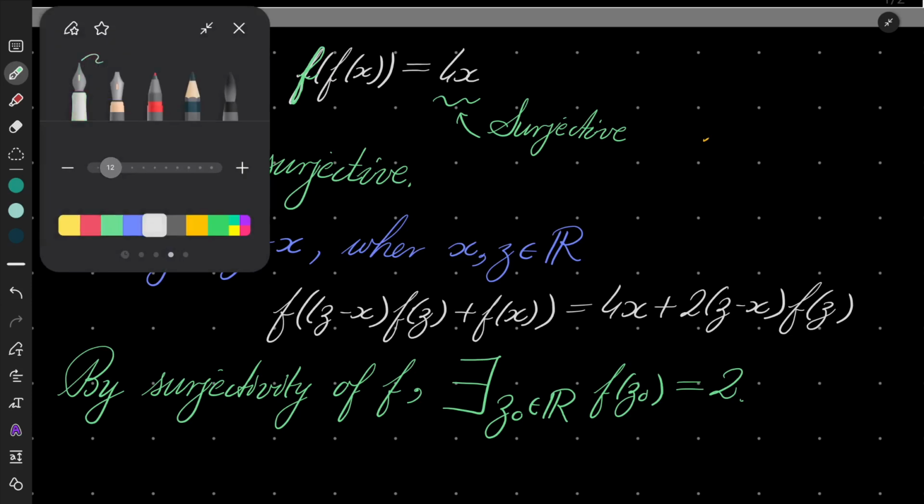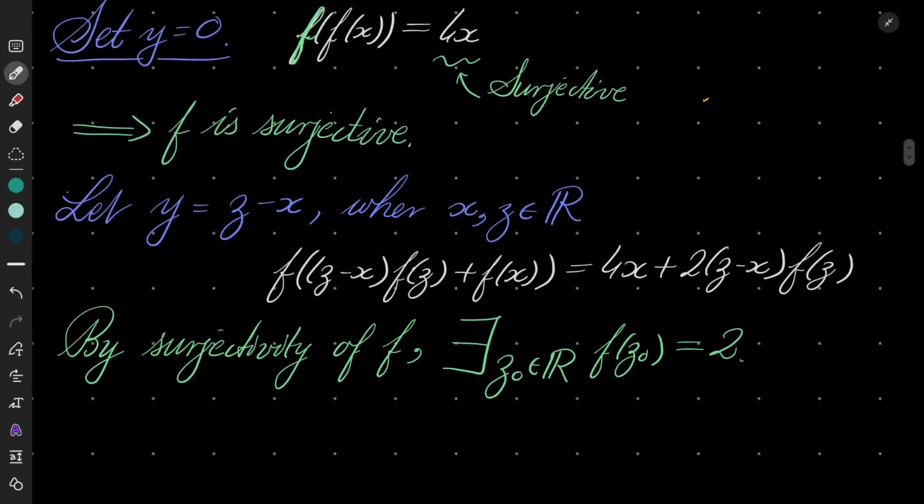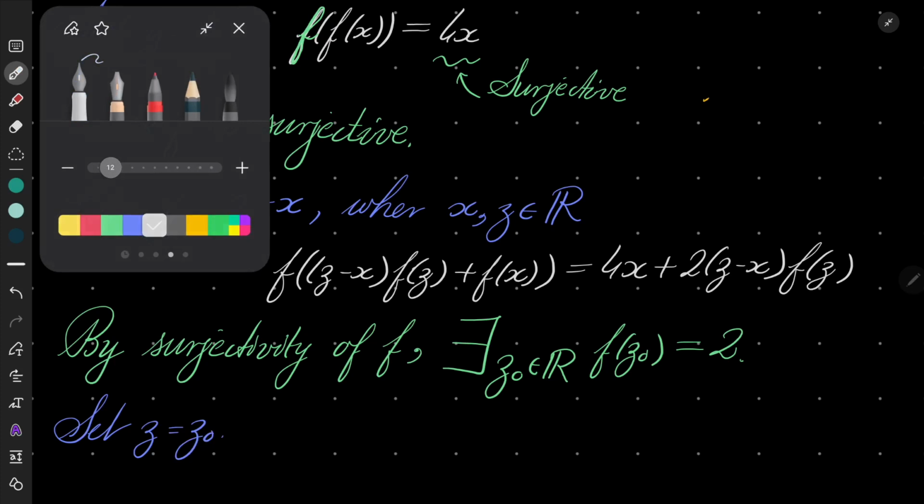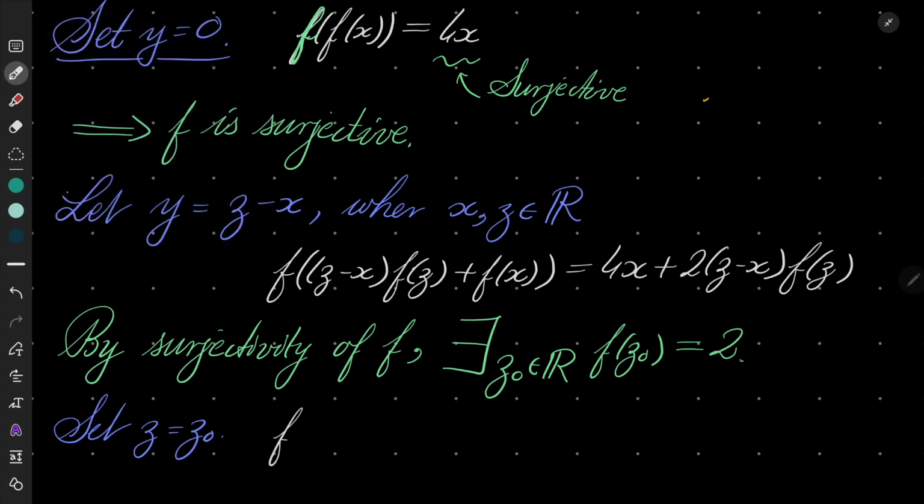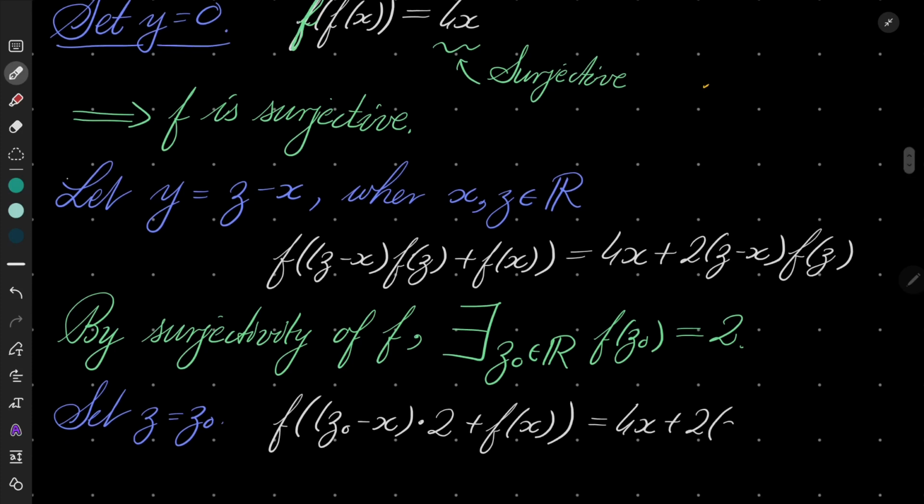You will see in a minute. So let's set z equals z sub 0. Then we get the following: f of z0 minus x times f of z0, but f of z0 is 2, plus f of x equals 4 times x plus 2 times z0 minus x times 2.